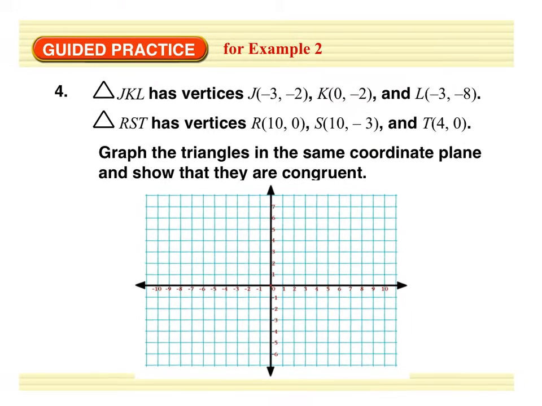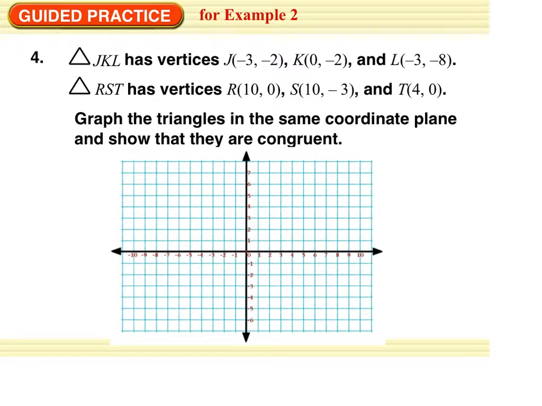Next one. Okay, we need to graph these ordered pairs. And we are going to check to see if the triangles are congruent after we graph them. So I'll go ahead and graph the first one, the JKL. So J is at the ordered pair -3, -2. Put a dot here. And then I'm going to do 0, -2. And then -3, -8.